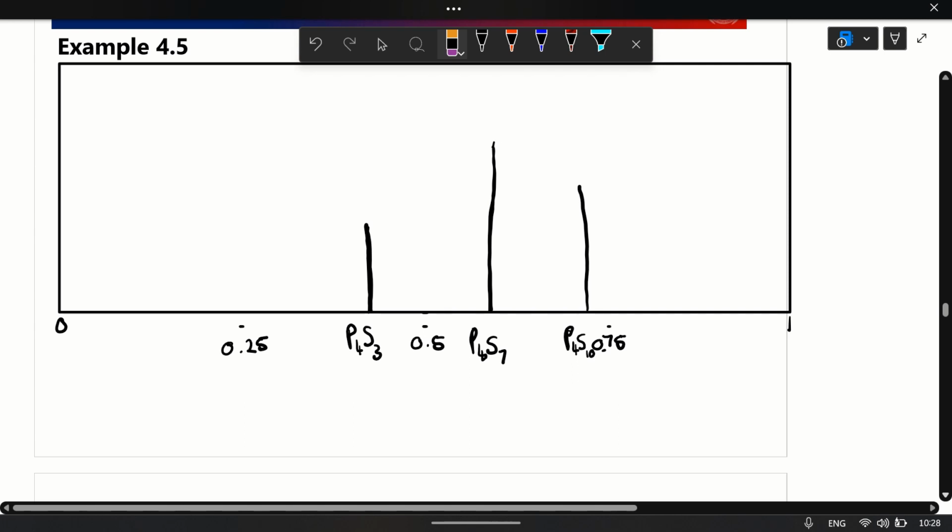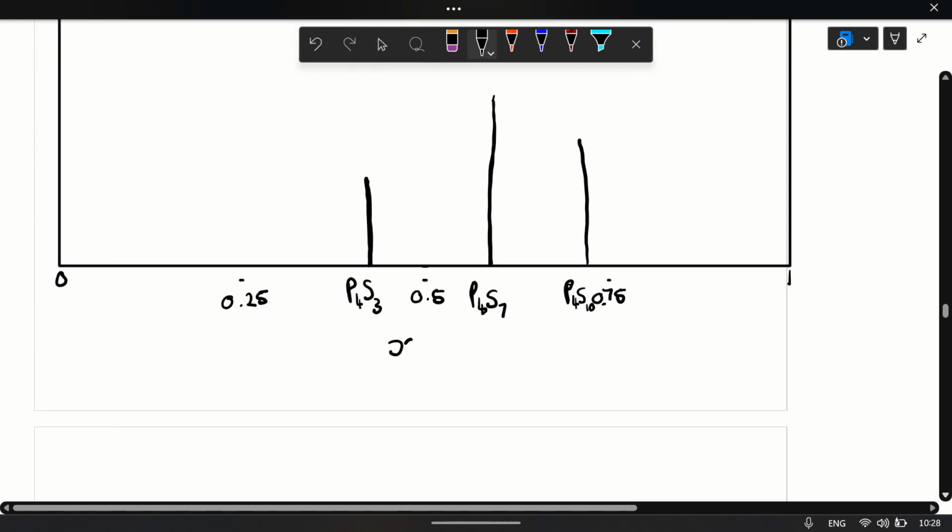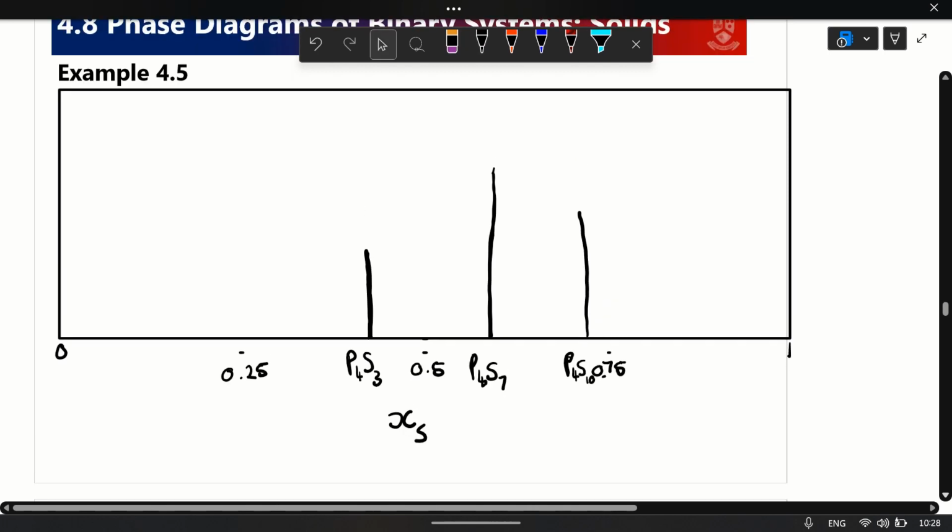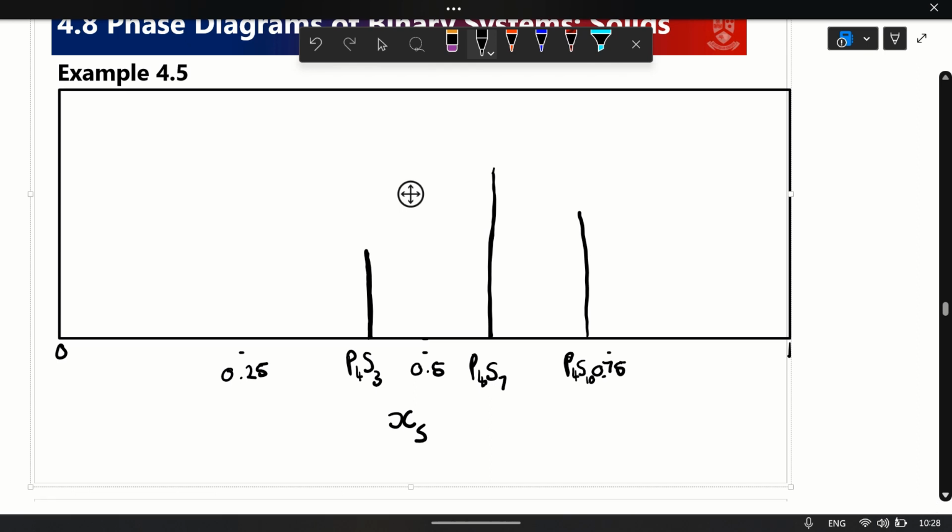But let's use some other information that we're provided with: the melting points of sulfur and phosphorus. We're plotting phosphorus against sulfur, so at 1 sulfur, the highest melting point must be here on the right-hand side.